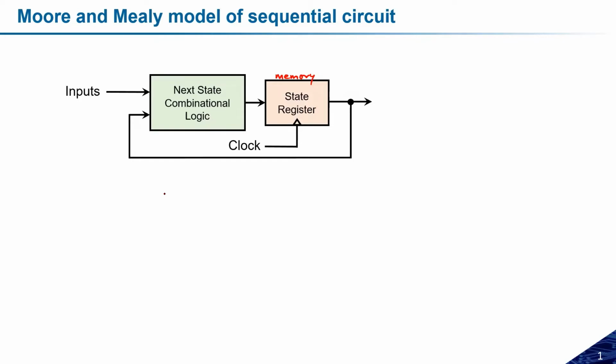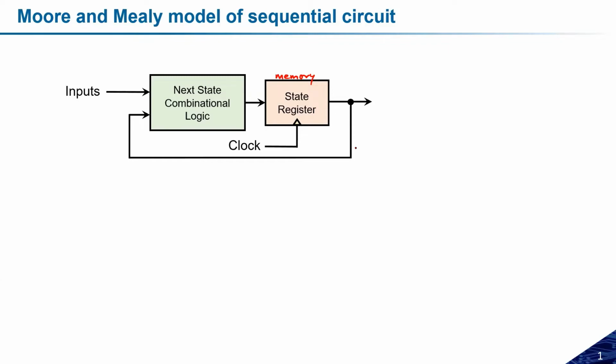Now let us see what the Moore model is, and how we can differentiate the Moore and Mealy models of sequential circuits. As of now, the structure we have here is the same as the sequential circuit we discussed before.